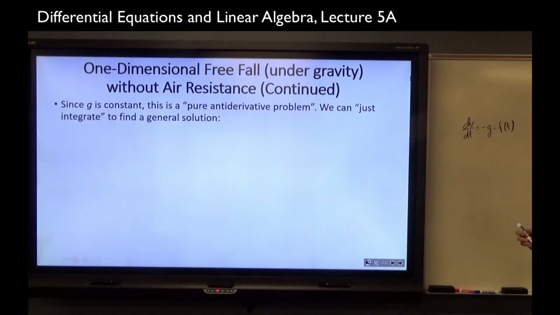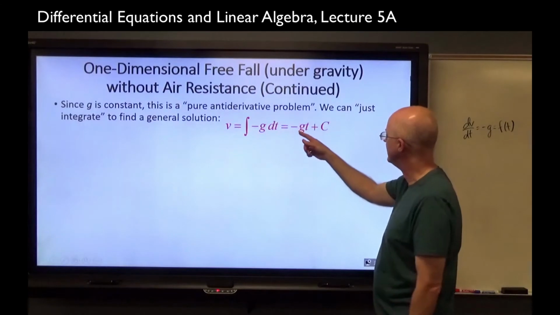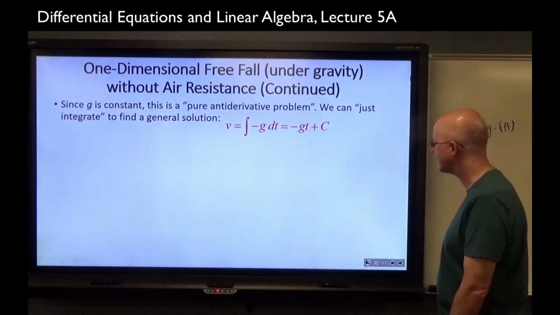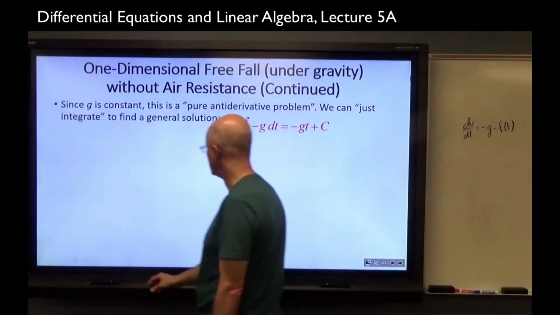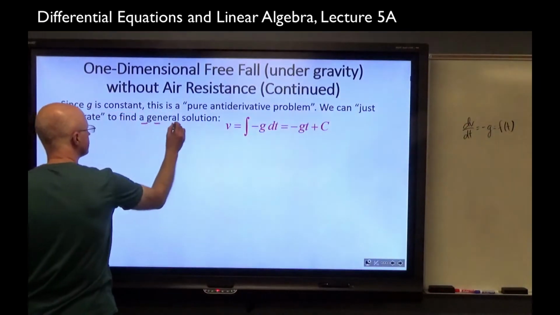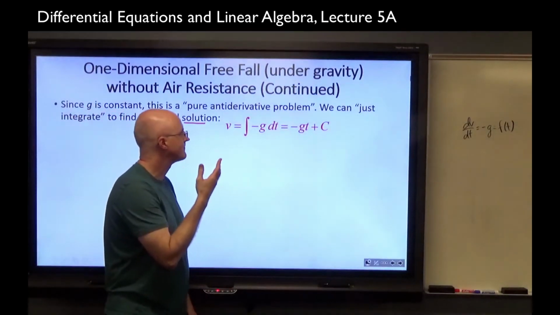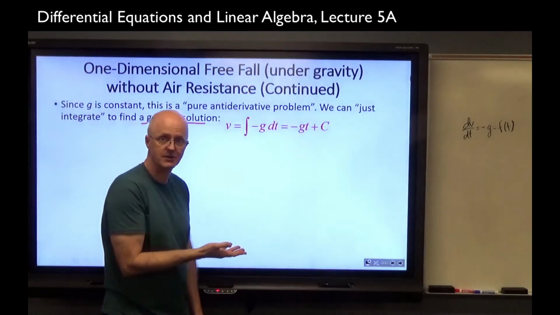We can just integrate to find a general solution. v is going to be the integral of negative g with respect to t, which is going to give you, in general, negative gt plus c, where c is an arbitrary constant. This is again called a general solution. What that means is that, well, first of all, it is a solution of the differential equation.